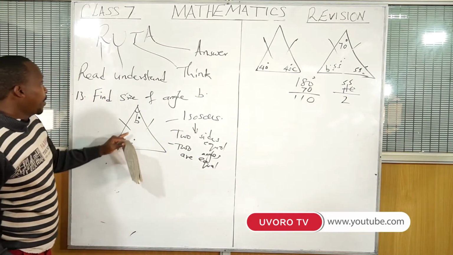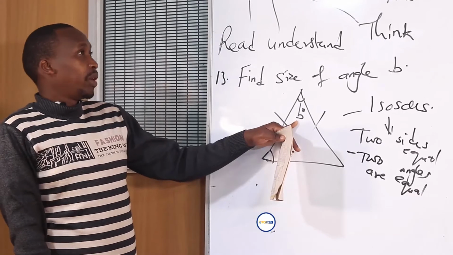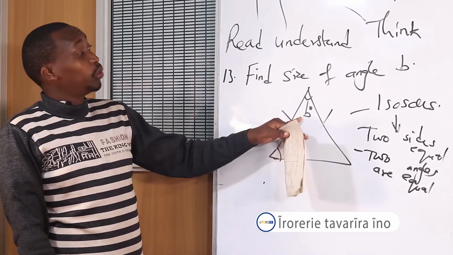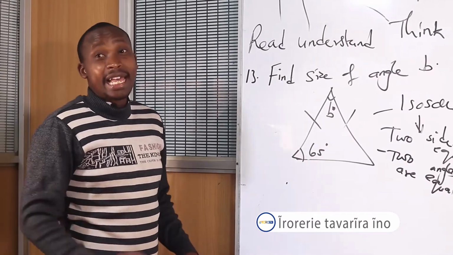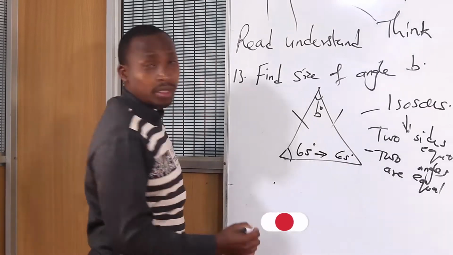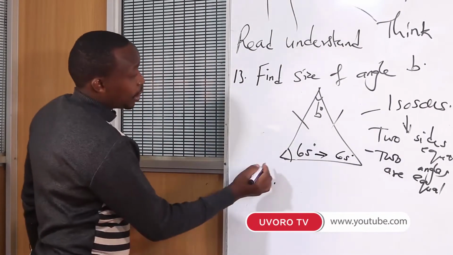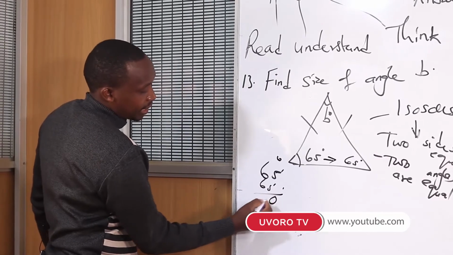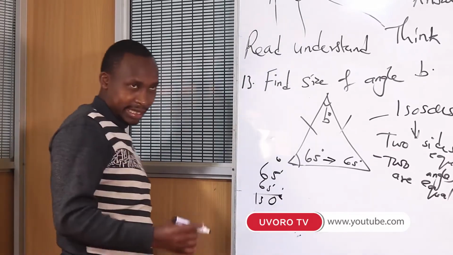I'd like us now to go back to our question. Now, we have B, that is where we are asked. This one is 65. Now, what are we going to do to get 65? The base angles must be equal. So, this one again qualifies to be what? 65. So, you will say 65 degrees plus another 65 to give us 130 degrees.